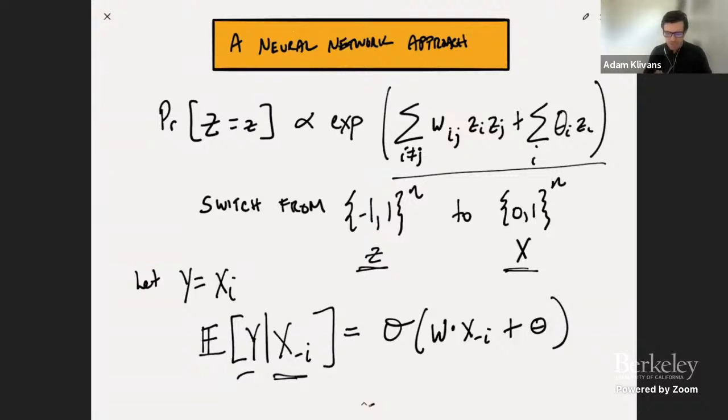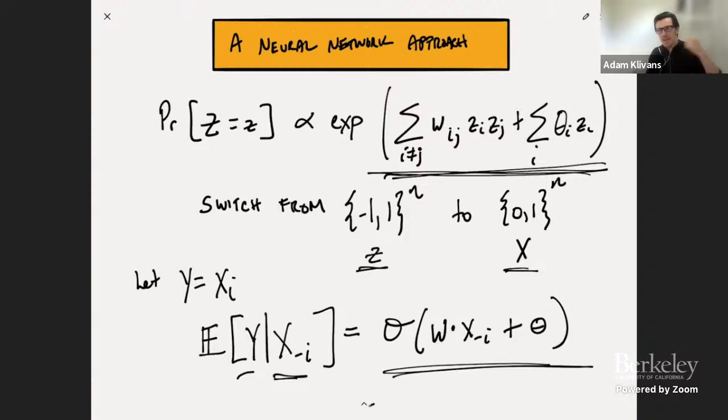It's not difficult to prove, because we have this nice form of the PDF. It almost looks like a sigmoid. With a little manipulation, it turns out that the conditional distribution of y given x_{-i} is equal to a sigmoid of w dot x_{-i} plus theta.